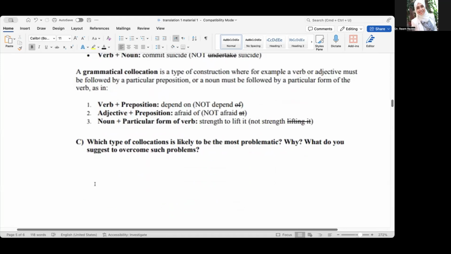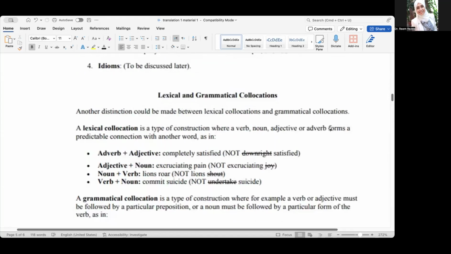You can say strong enough to lift it, not strong lifting it, okay? To lift it. So which type of collocation is likely to be the most problematic? Why, and what do you suggest to overcome such a problem? So you may make many problems in collocations, even grammatical collocations or lexical collocations, as I said before, that are concerned with the verb, noun, adjective, adverb.